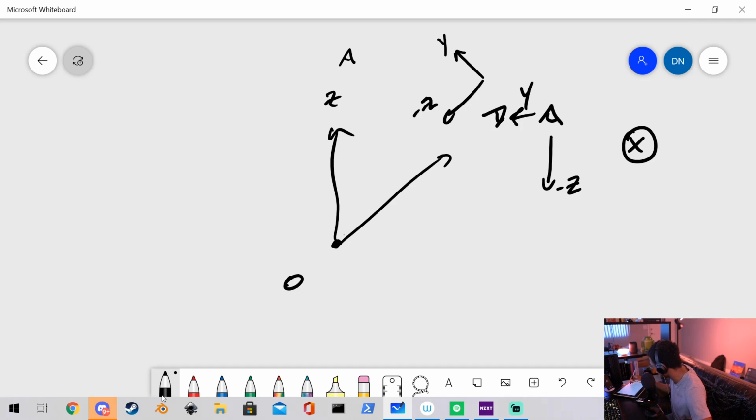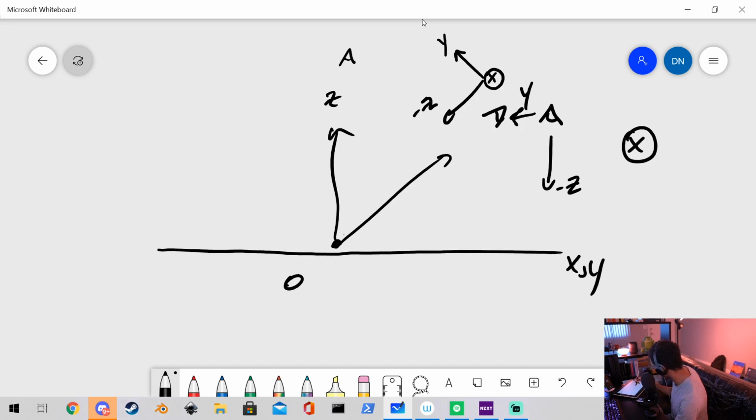Okay, here the x vector is going into the screen. How to ensure that the y vector is pointing toward the origin? Well, I guess when I project the y vector onto the xy plane, which will be here, this is the projected y vector. This should be pointing toward the origin. So I think that'll do it.